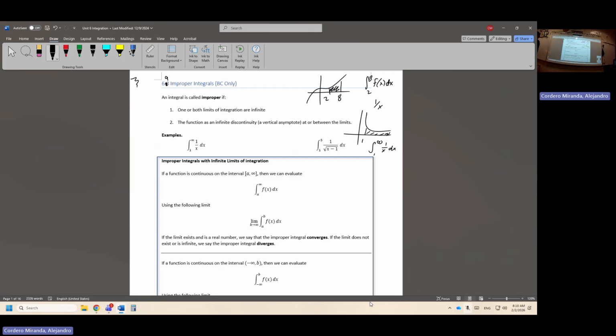And basically you're wondering, does this ever get so close to the axis that it adds a negligible amount, so that the final result is a finite answer? Not so I'm covering an infinite amount of space, but do I get a finite amount of area because this is so small? So it's kind of an interesting question.